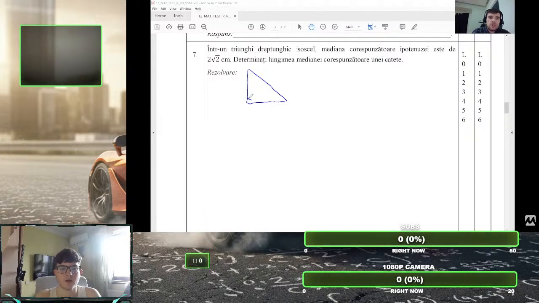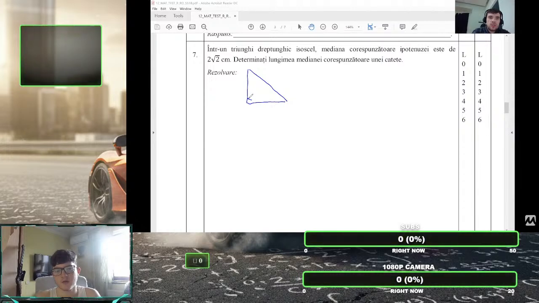We have this triangle, and this triangle has the lengths that are, not the hypotenuse, basically the same, and the middle line from the hypotenuse is 2 square root of 2.